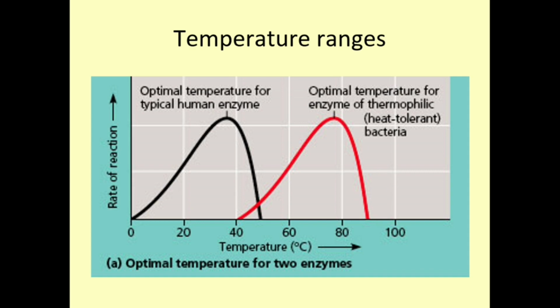That's essentially what we can see across all forms of life. They will have a particular suite of enzymes within their bodies that have an optimal temperature for them to function. And those organisms will need to be within that optimal temperature.